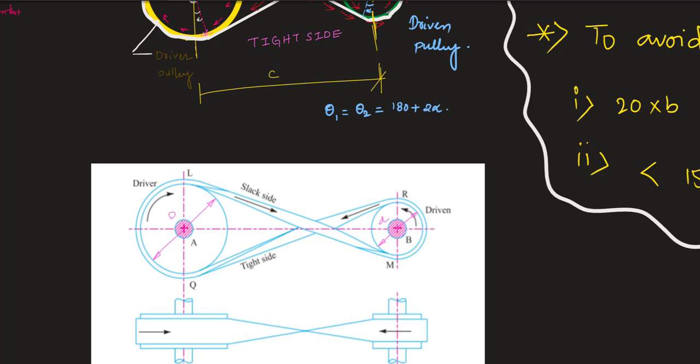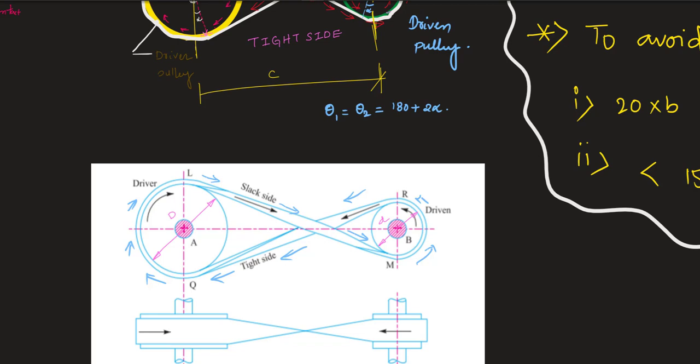Now you can have a very clear view here of how the belt moves. The belt moves from here, goes all the way here, and then turns like this.